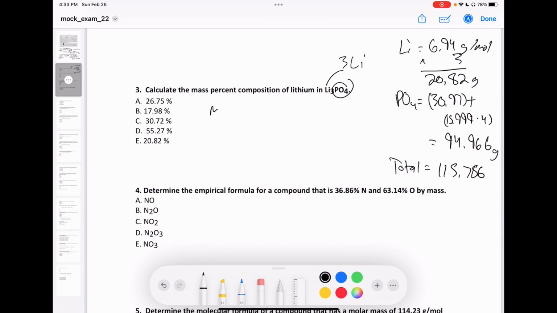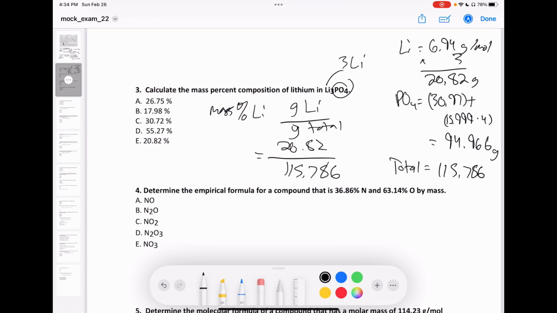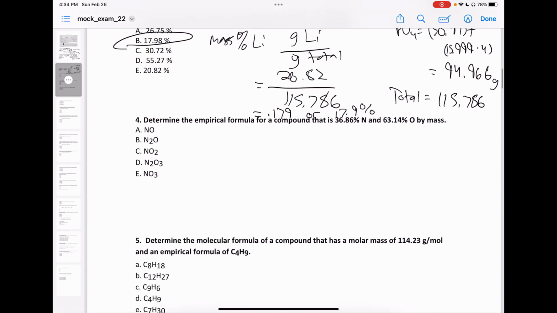And then for mass percent of lithium, it's just grams of lithium over grams total, which is equal to 20.82 over 115.786, and that is equal to 0.179, or 17.9%, which is this one. Okay.